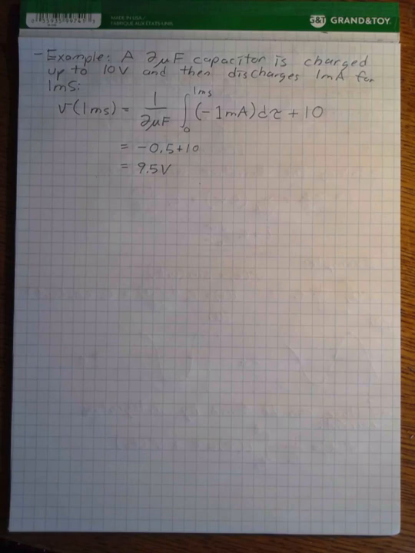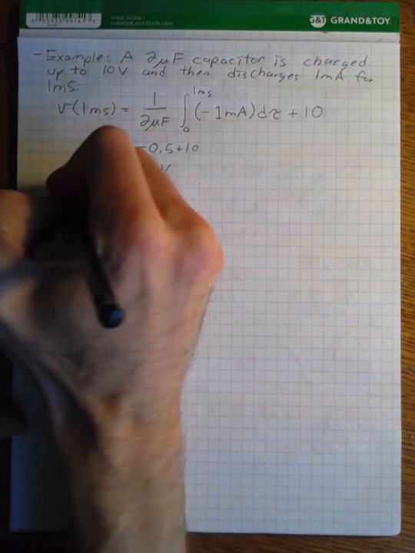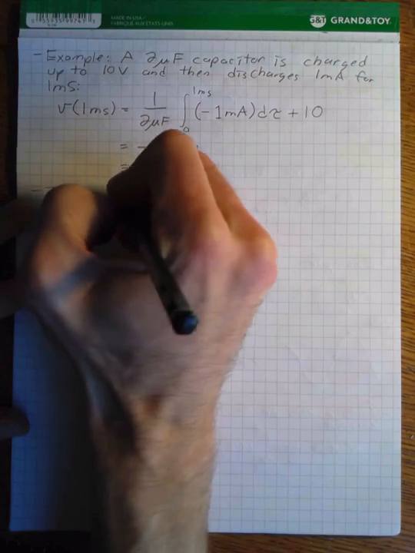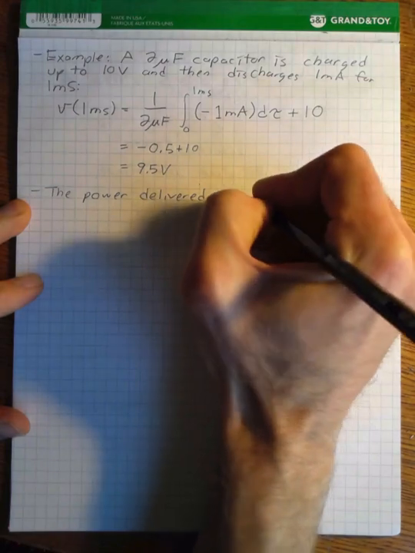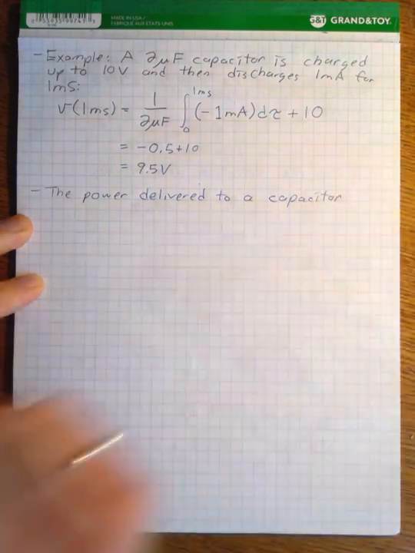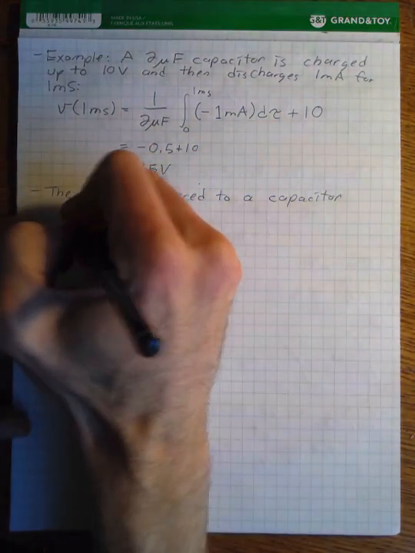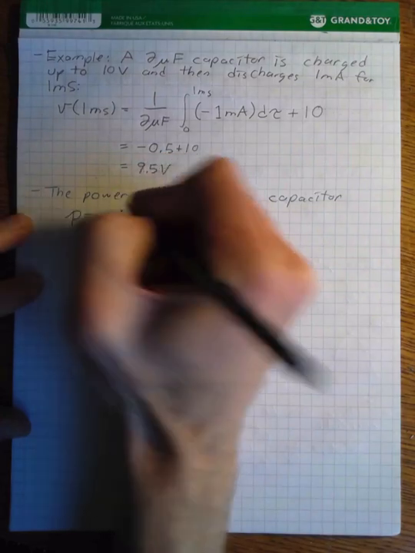And so if we want to come up with an equation for the power delivered to a capacitor, we start with our normal power is equal to voltage times current equation. So the power delivered to a capacitor, P, is equal to voltage times current.